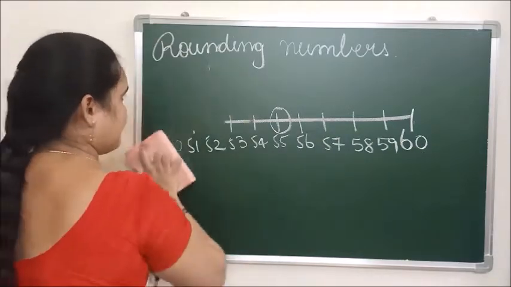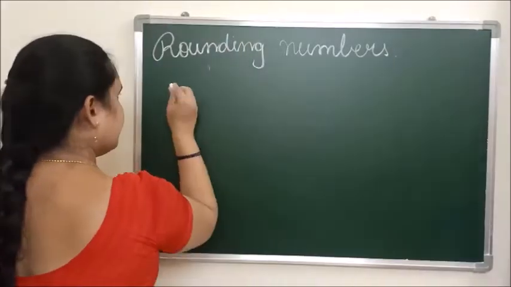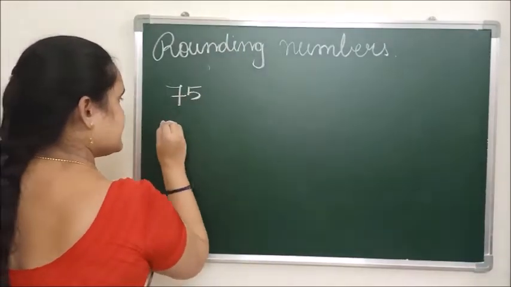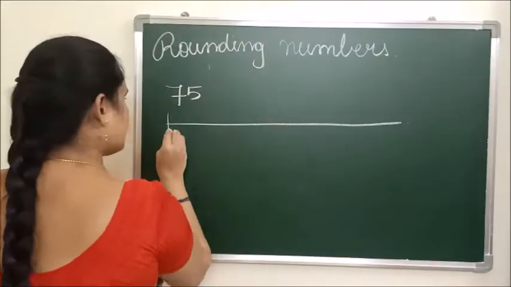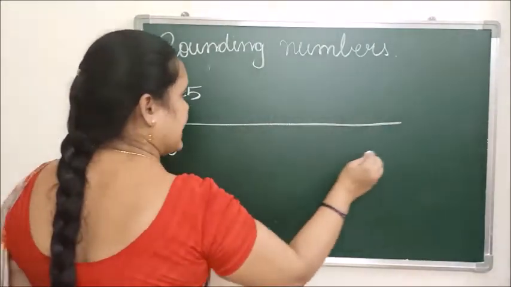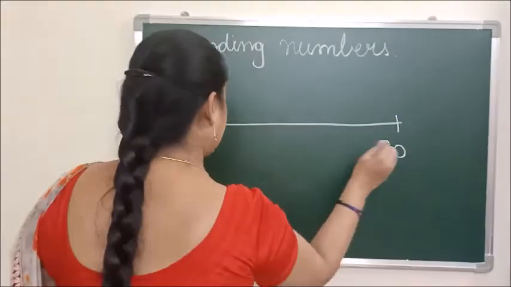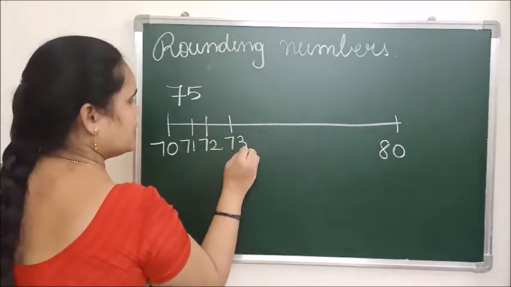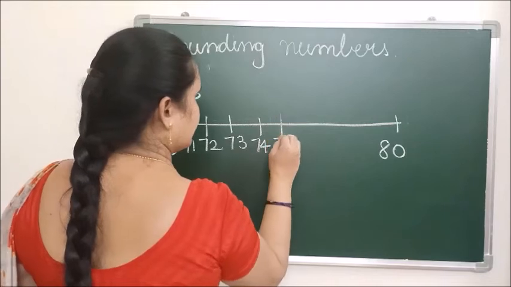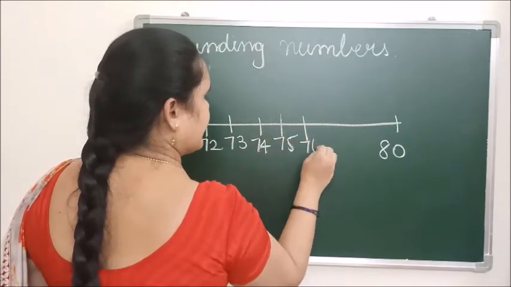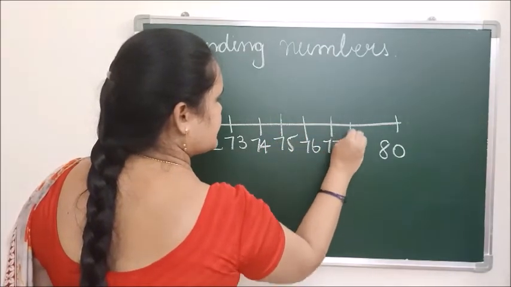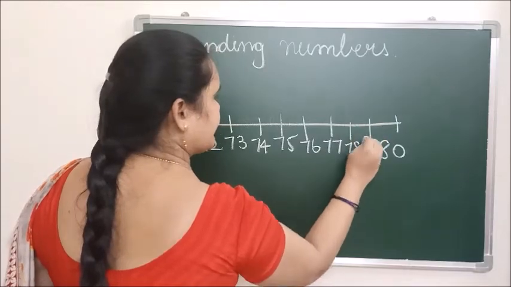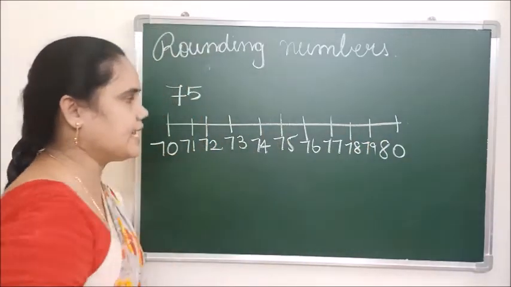Now, see another example. 75. 75 comes in between which two tens? 70 and 80. Okay, now write the numbers. 71, 72, 73, 74, 75, 76, 77, 78, 79.